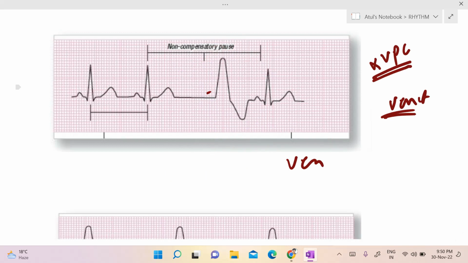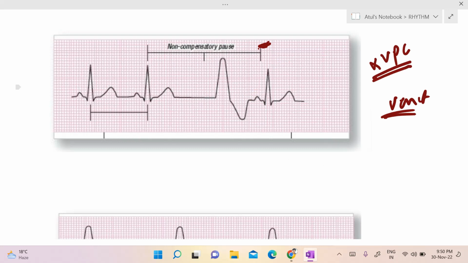How? If the next SA nodal impulse should come, it should come here. Sorry, it should come here, but the impulse is not coming here. It is coming prematurely. This P wave came a little earlier, and because of this the whole complex came a little earlier. So this is following a non-compensatory pause because it is not a premature ventricular complex.